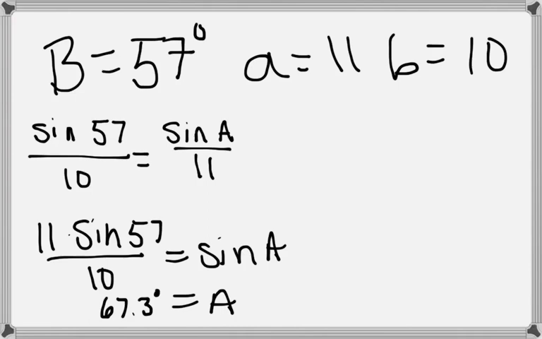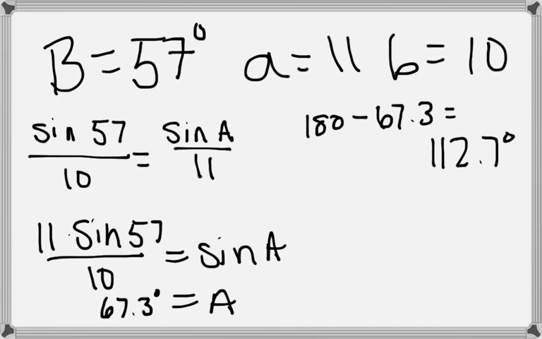And so the operation goes like this. We're going to say 180 minus the angle that I got, which is 67.3. If a second triangle exists, then that's going to be my second angle for that particular letter.